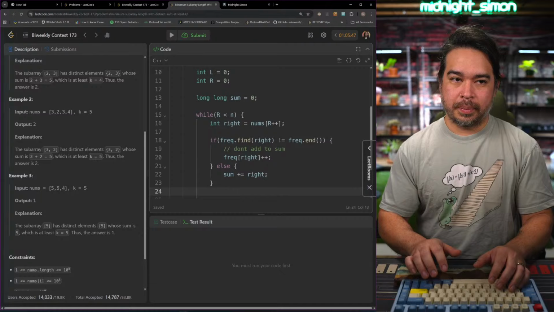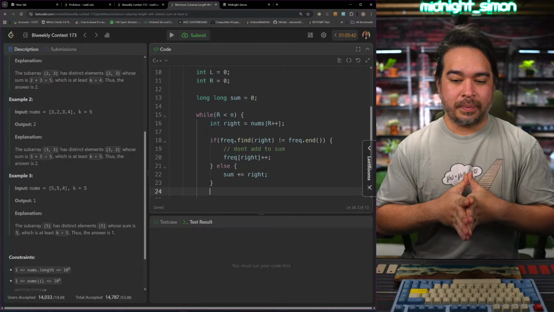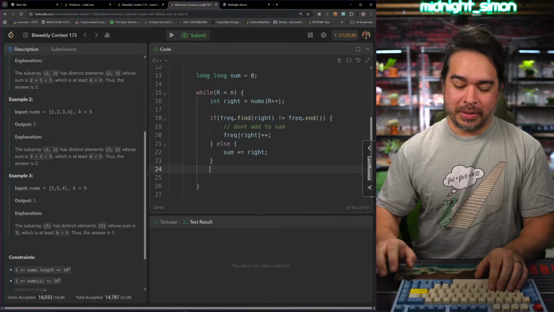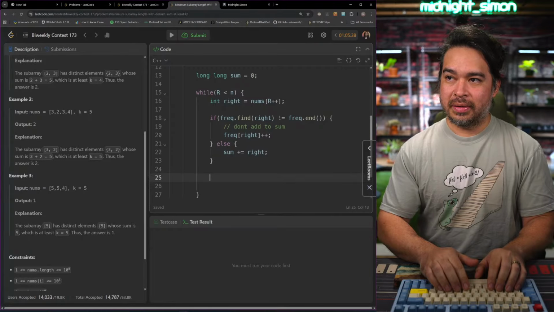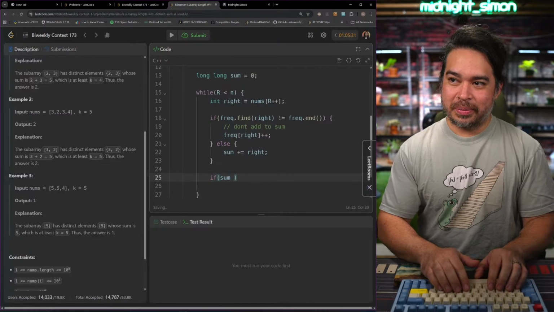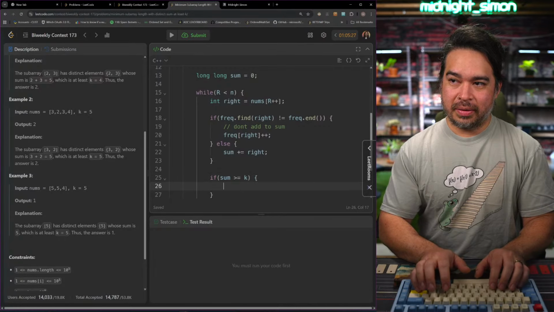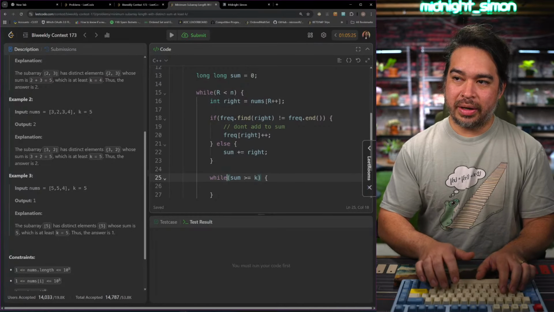And then now, if our sum is at least K, man, this is a whack sliding window. The sum is at least K.